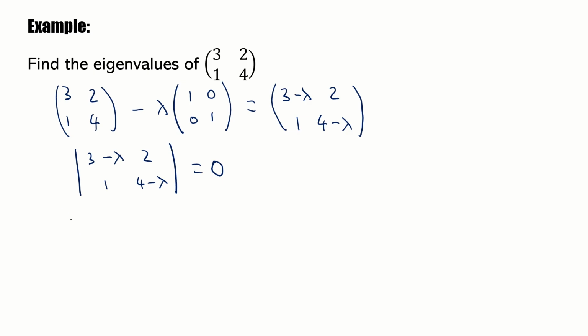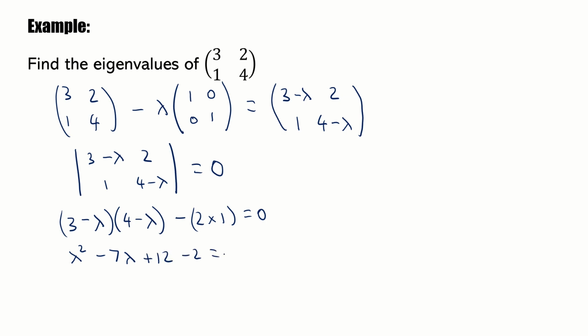So to work out the determinant of a 2x2 matrix, of course, we're going to do that main diagonal multiplied together, take away the elements in the other diagonal multiplied together, which, if we multiply out the brackets, will get us lambda squared minus 7 lambda plus 12 minus 2, which simplifies to the very nice quadratic lambda squared minus 7 lambda plus 10 equals 0.